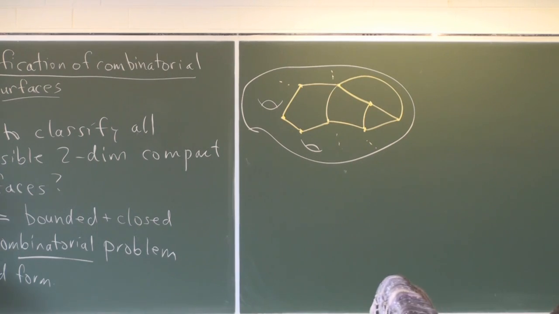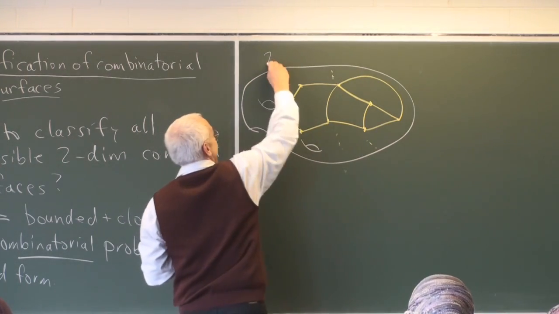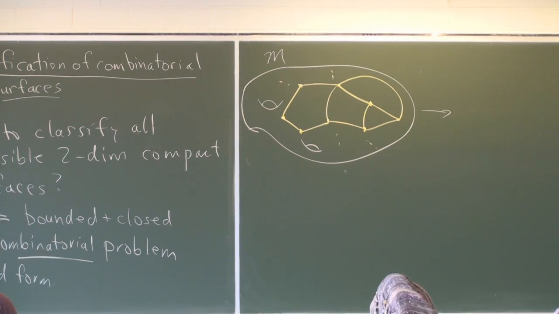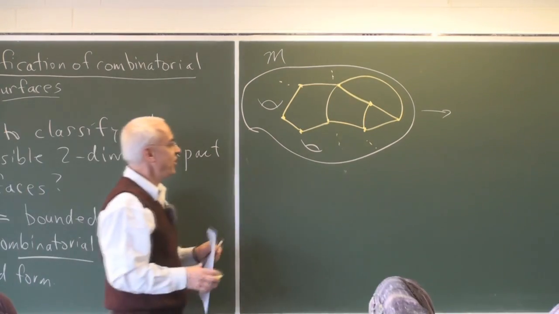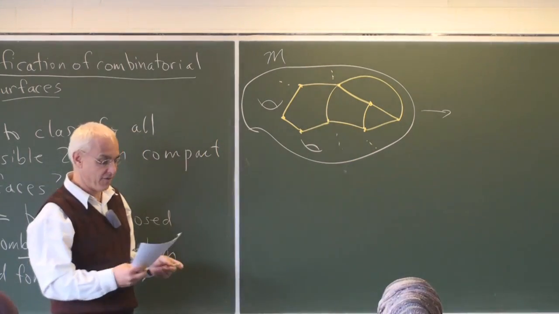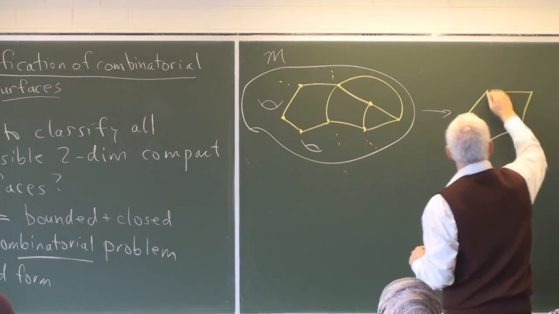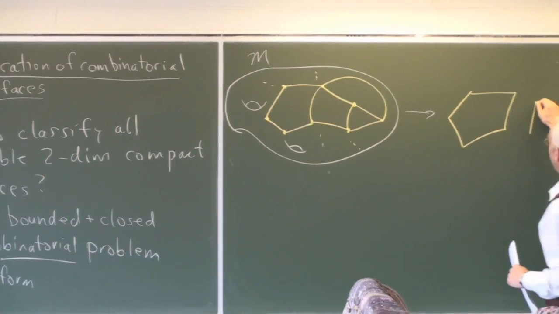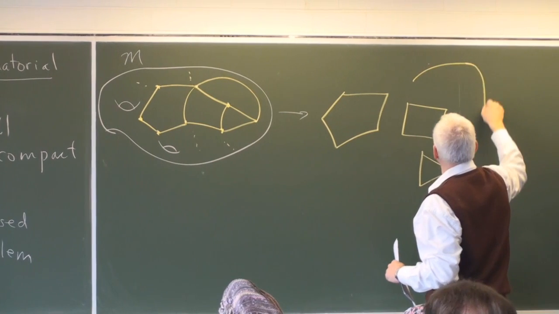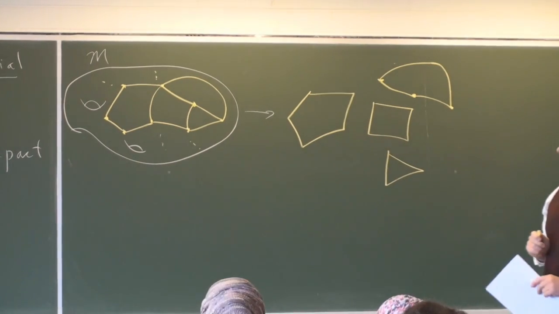So the idea is once we have such a thing, we can cut the surface open and display the various pieces that are the constituents, together with the gluing relations that relate adjacent polygons. So we could take something like this and split it up into a pentagon there, a square over here, a triangle over here, and then another quadrilateral there.